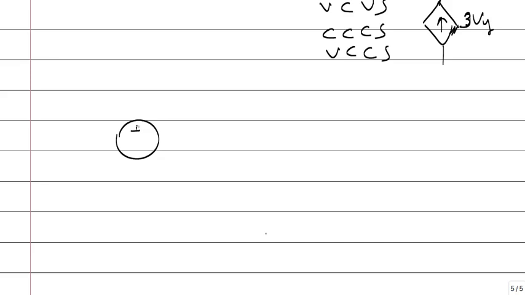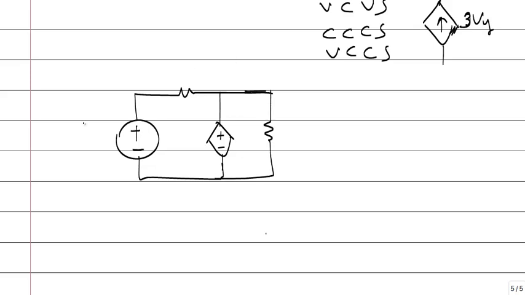Let's analyze a circuit containing a dependent source. One dependent and one independent source: 12 volts, 10 ohms, 5 ohms, 2 Ix.